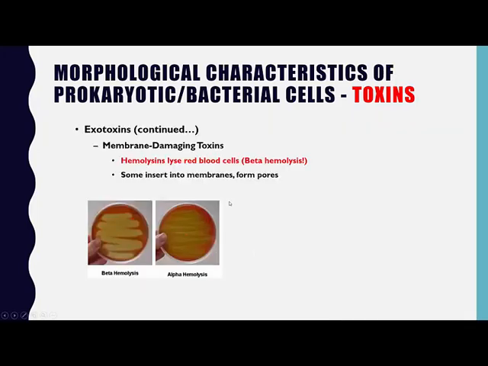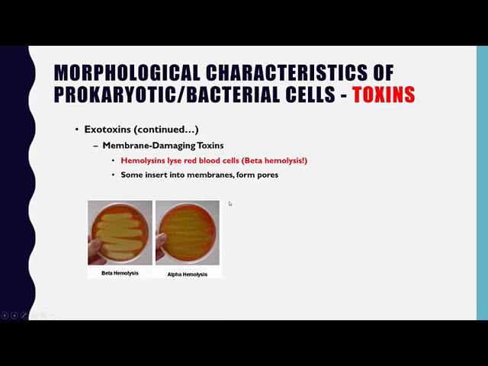There are other exotoxins. Some, by the way, damage membranes, and these are membrane-damaging toxins, like hemolysins. When we talk about group A strep, which is caused by the species Streptococcus pyogenes, they produce an enzyme called beta-hemolysin, that when it gets to a red blood cell, it causes that red blood cell to blow up.